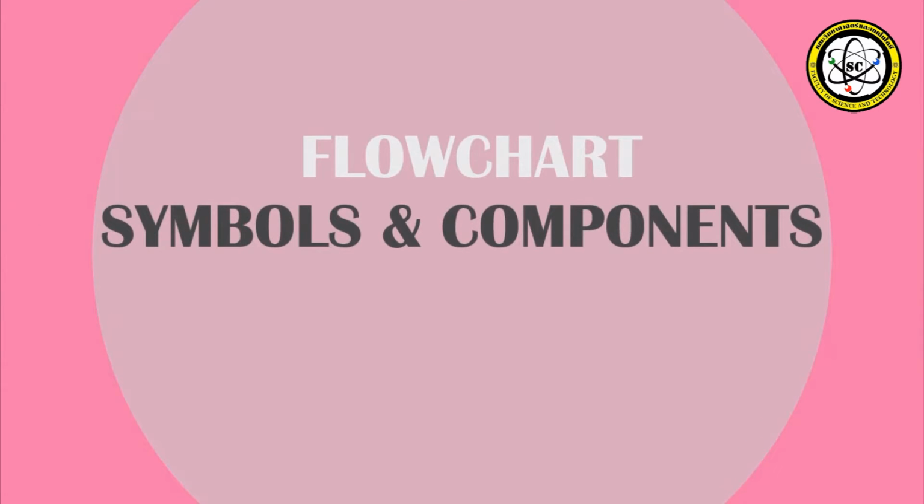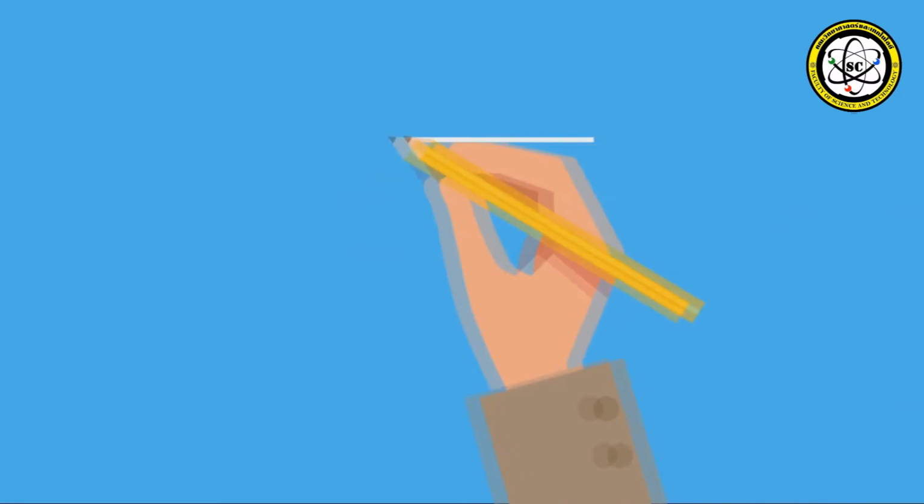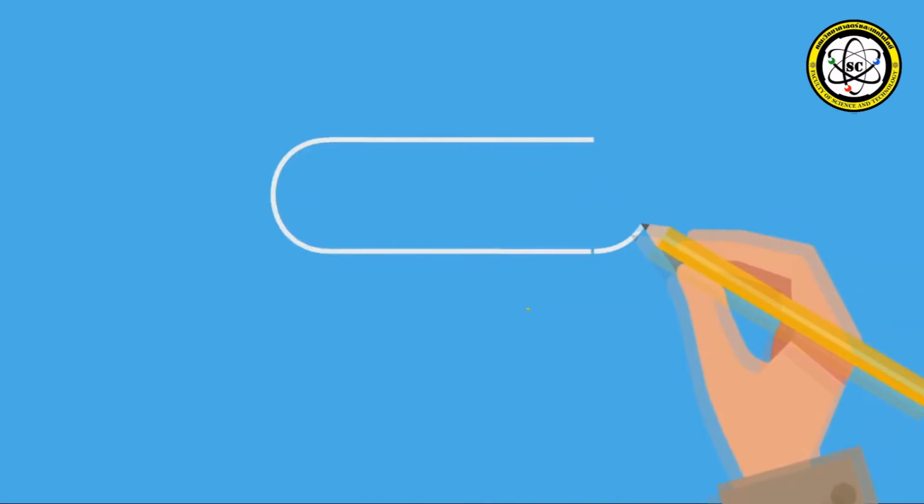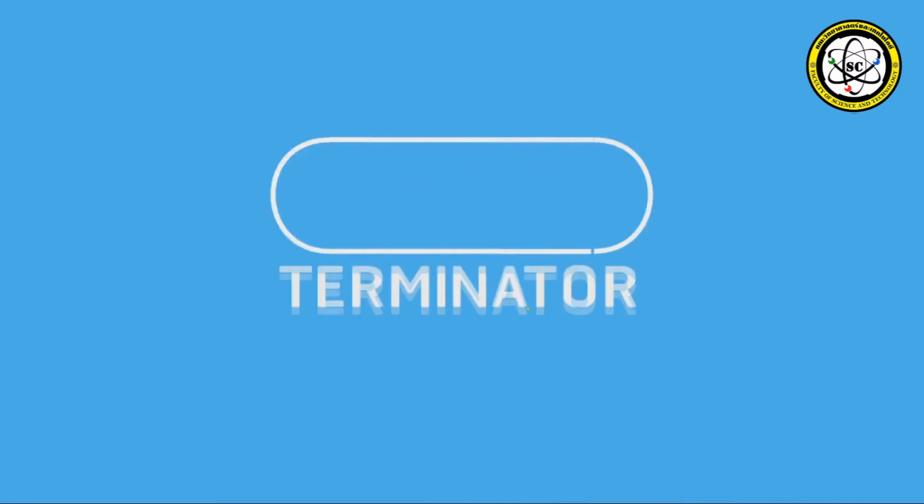Flowchart symbols and components. Terminator indicates the beginning or end of a flowchart.